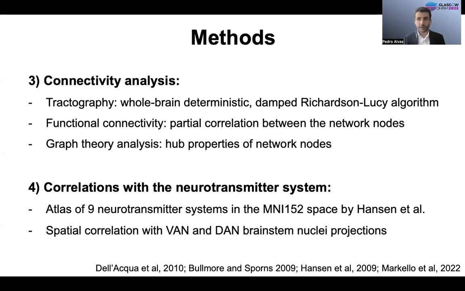Finally, we studied the relationship of these models with the neurotransmitter system by calculating the spatial correlation of the projections of the identified brainstem nuclei with the distribution of 9 neurotransmitter systems provided by Hansen and colleagues.